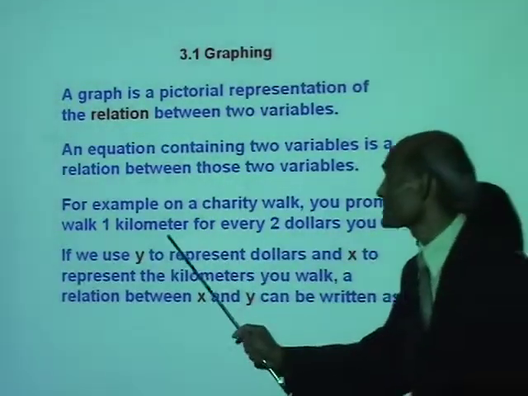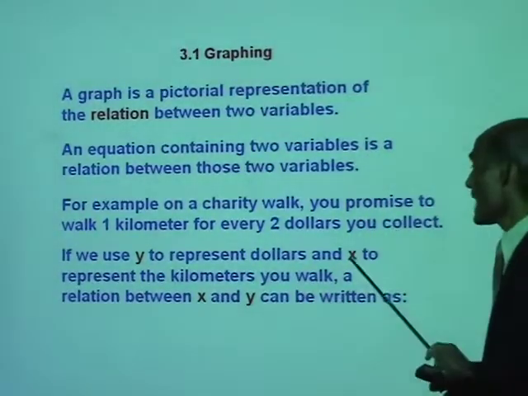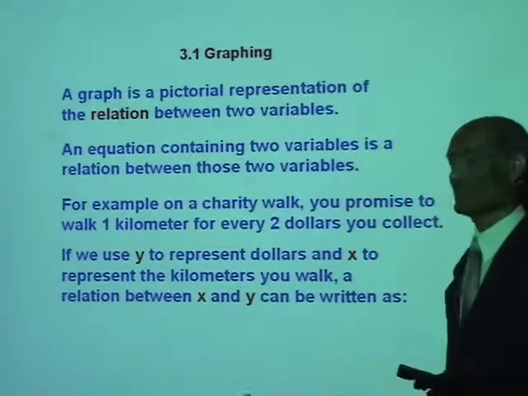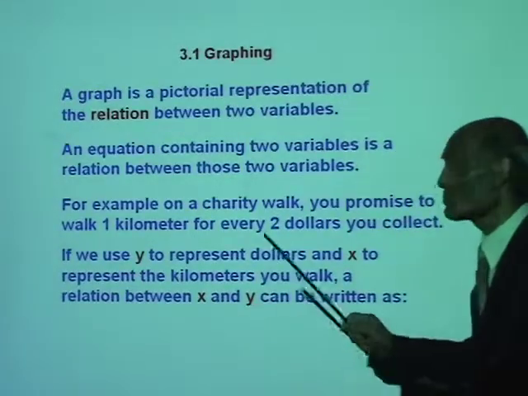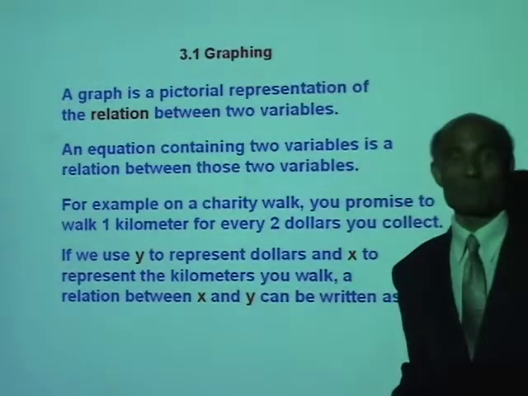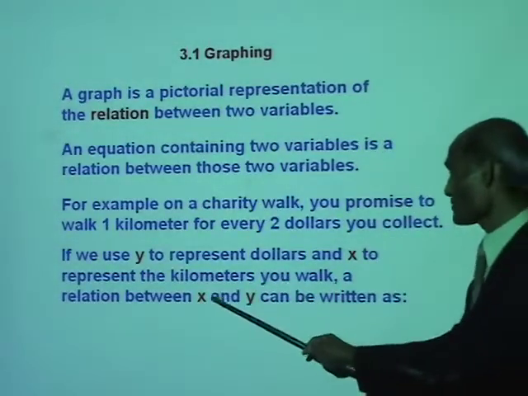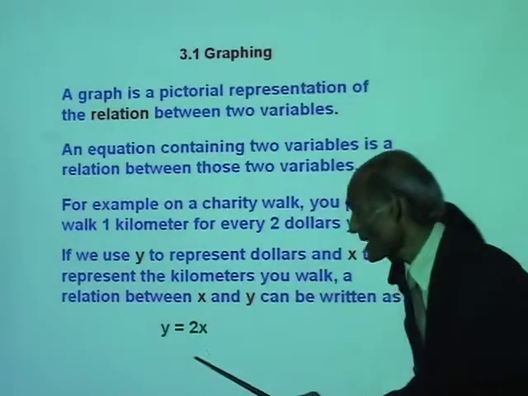All right? Let's represent y as the amount of dollars and the variable x the number of kilometers. What will then be a relation between x and y in this case? Can you take your piece of paper and write that relation down? What is the relation between x and y? Well, did you get this relation?